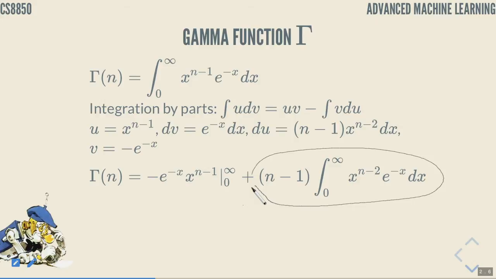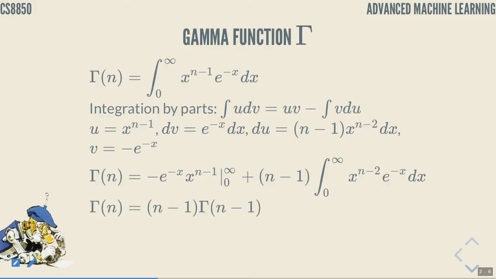So this part goes to 0, and we have this expression. It looks kind of weird, but familiar. Yes, it is familiar. Look over here. If n is n minus 1, then it's gamma of n minus 1, right? This integral is nothing but gamma of n minus 1. And indeed, this function is gamma of n minus 1, and we got a sort of recurrence relation.